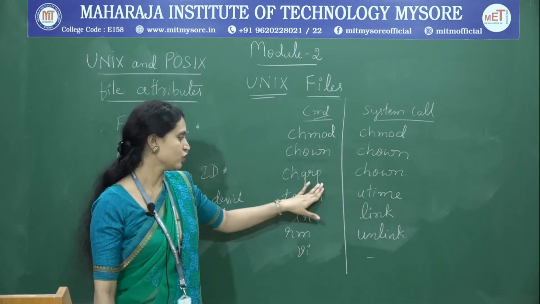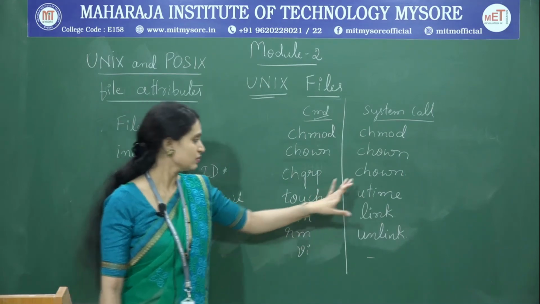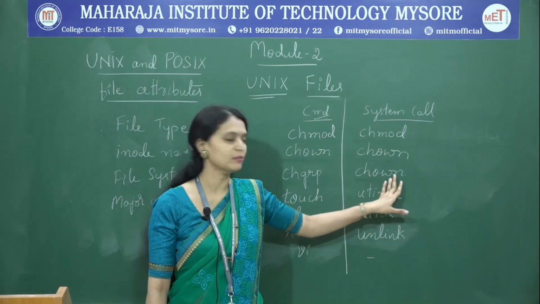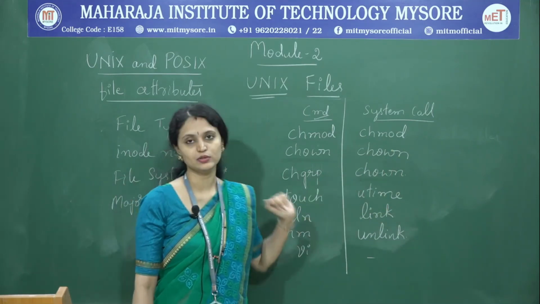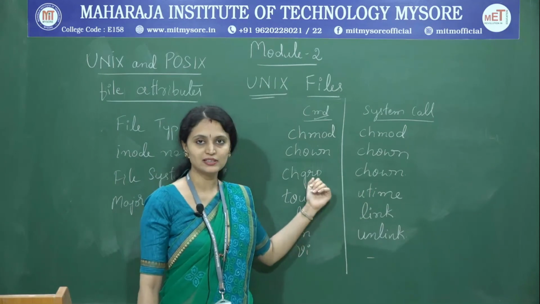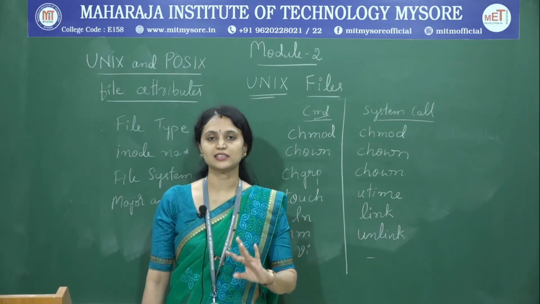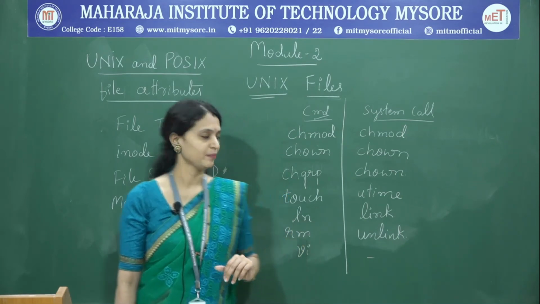Next is chgrp. So this command changes the group ID. The particular system call is chown. The same system call is used for this purpose also. So this system call or this command will change the group ID, the last modified time, last access time attributes of a file.